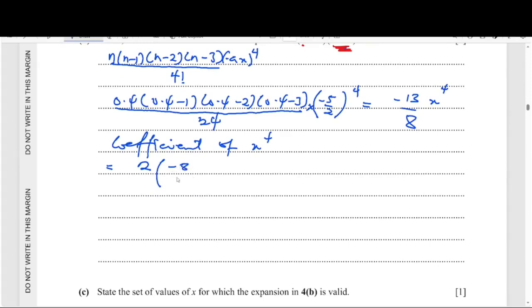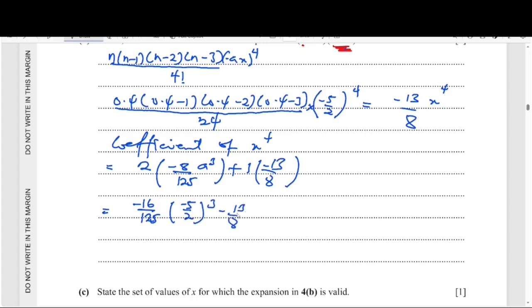Negative 8 over 125, and then a cubed, plus 1 times the coefficient of x^4, which is negative 13 over 8. So let's simplify this. We have negative 16 over 125 times negative 5 over 2 cubed, and then minus 13 over 8.